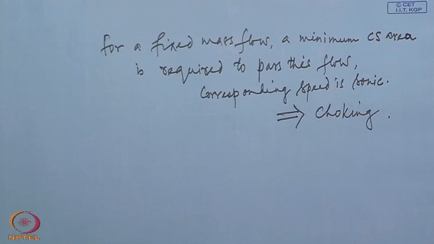In other words, when we fix the area ratio for a duct, then if we have a subsonic flow, there is a fixed inlet Mach number to maintain steady flow in the duct, and if the duct is converging diverging and we have supersonic flow, then the initial Mach number which can be maintained steadily is also fixed by this area ratio.